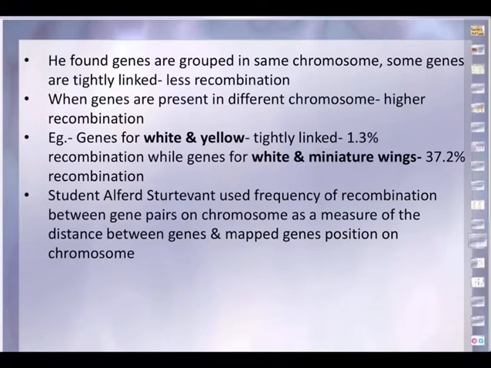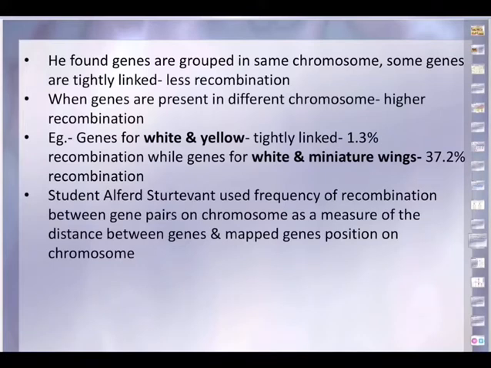This is because white and miniature wings are not tightly linked together. So white-eyed and miniature wings is a new combination, 37.2% of new recombination.